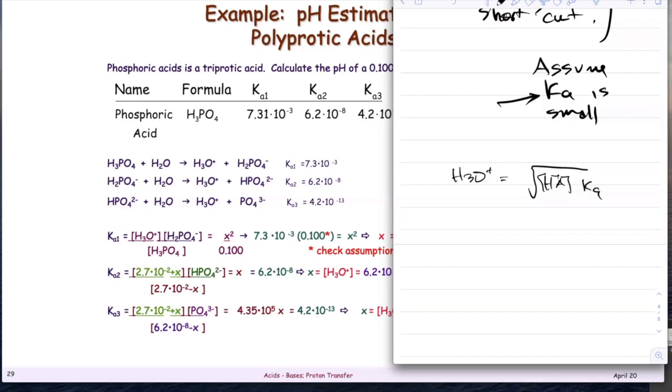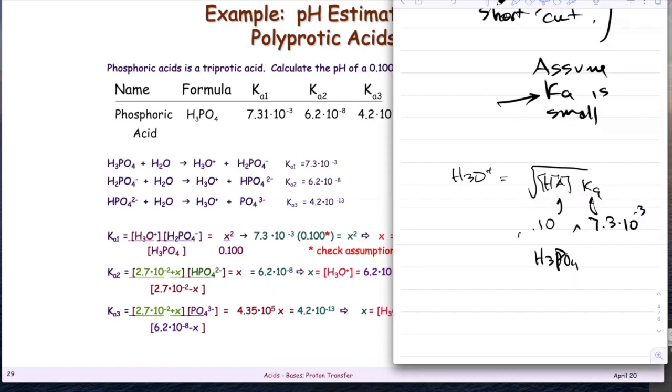So without doing the ice table, I know that the initial concentration that I'm given is 0.10. This is for phosphoric acid. And I know that my Ka is 7.3 times 10 to the minus 3.